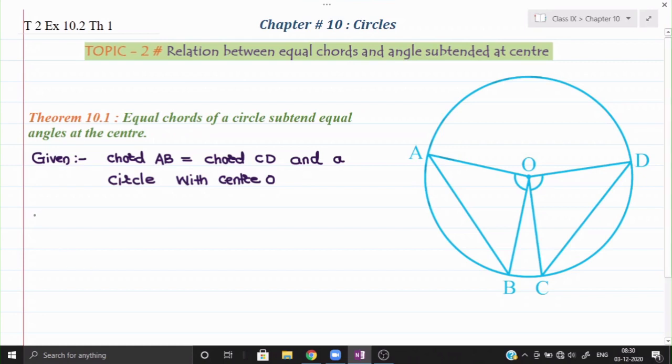Now what do we need to prove here? As I told you, we need to prove that the chords make equal angles at the center. One angle is angle AOB and the second angle is angle COD. These two angles we need to prove equal.